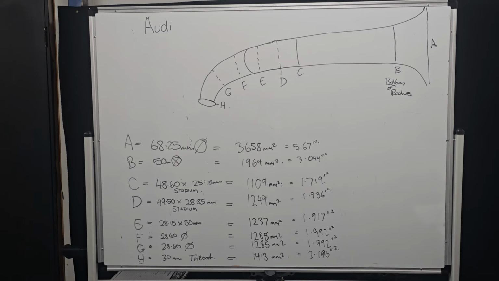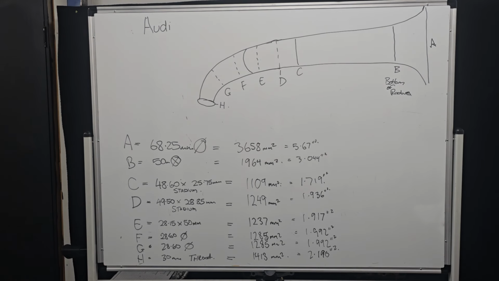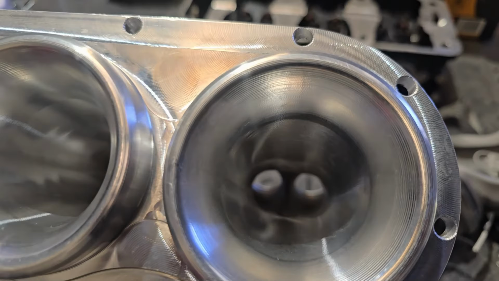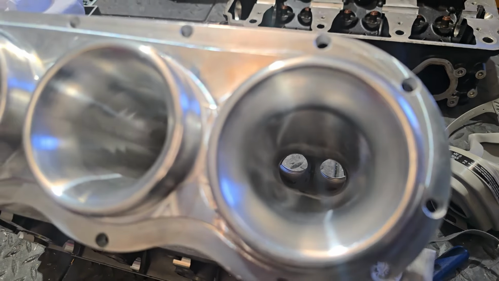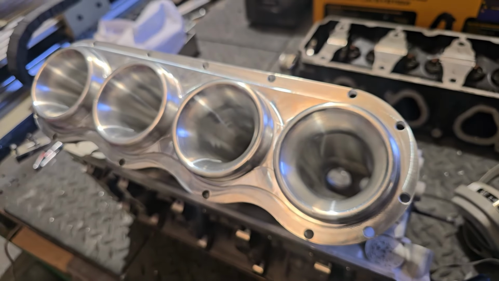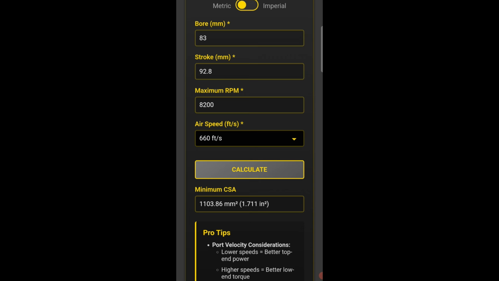So port-wise, we're going to have to concentrate on G, F, and E. They're the areas we want to blend. There's not much we can do about the choke in the manifold. I've already measured it. It's actually quite thin there. I'm going to pull the sides out slightly, but the roof and the floor, I cannot touch it. It's really paper thin, and I don't want it cracking.